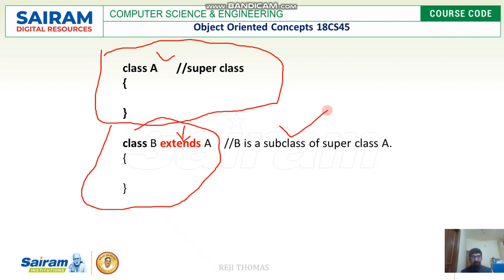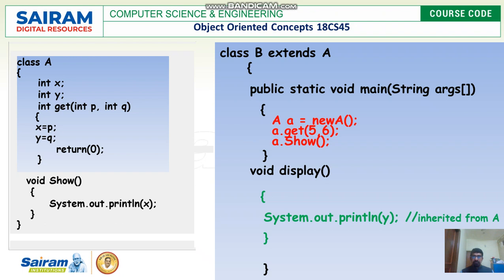In this piece of code, you can find two classes, class A and class B. Class A is the superclass and class B is the subclass. Let us see in detail.